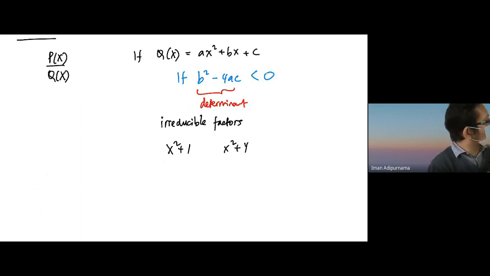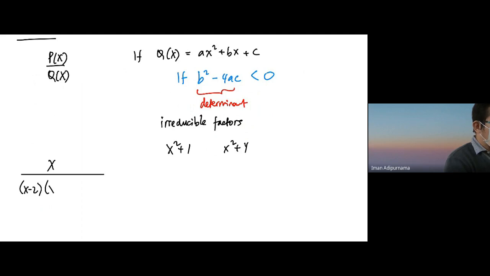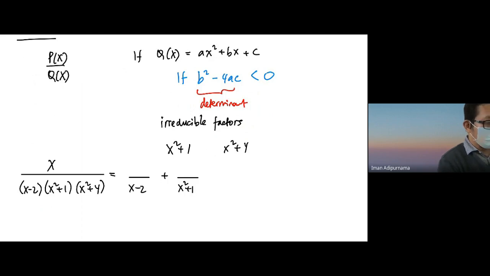So how are we going to separate this from our big fraction? So if we have x divided by x minus 2, x squared plus 1, x squared plus 4, first we can divide it into its own fraction for each of the factors, the irreducible factors.